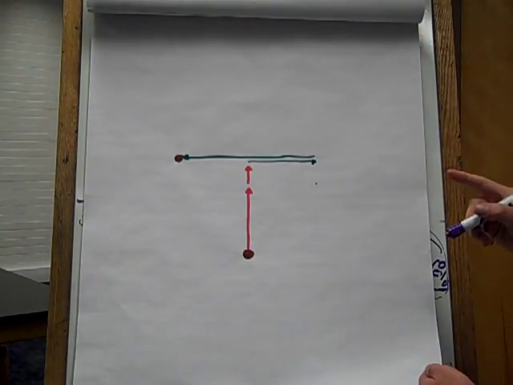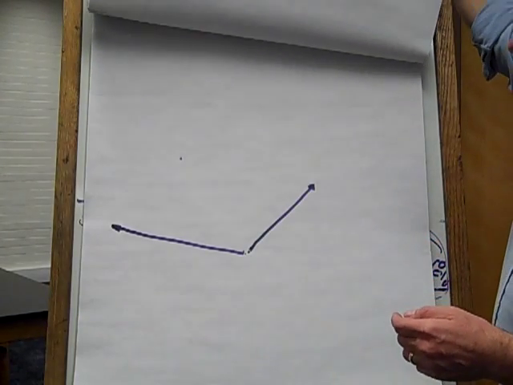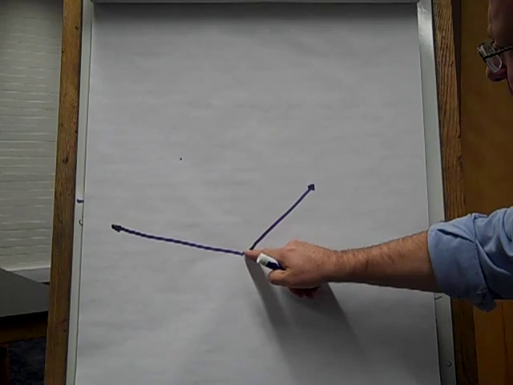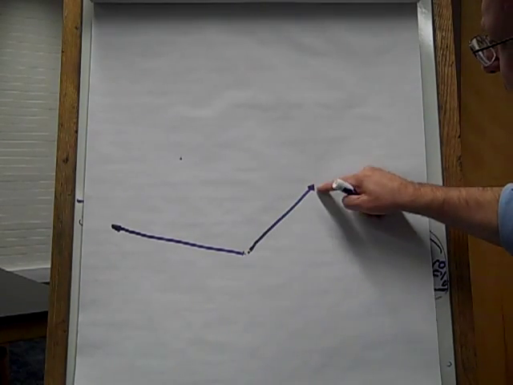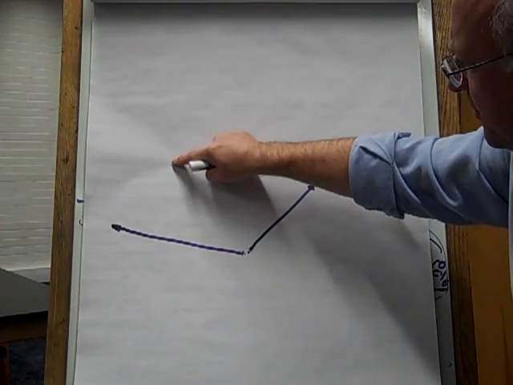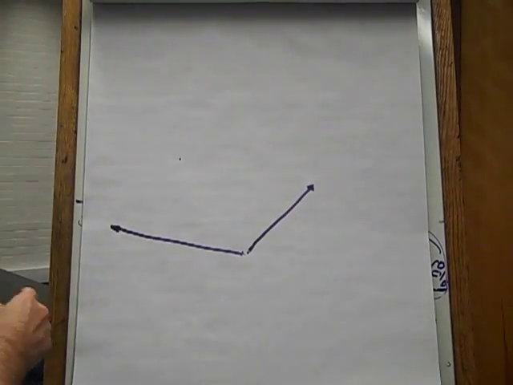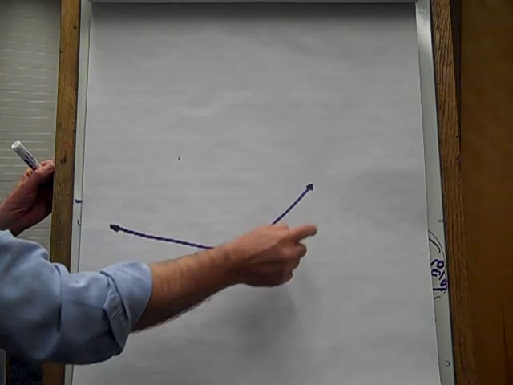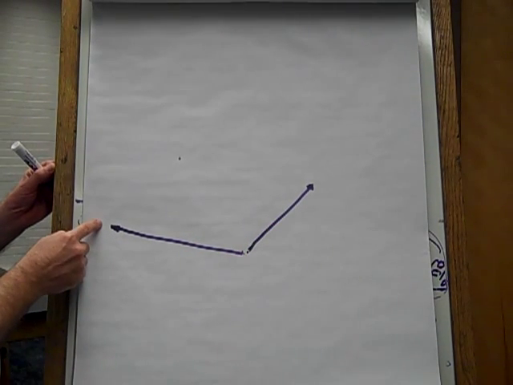The tricky part is, in the force table, we don't add tail to tip. Instead, in the force table, we start at the center, have one force pulling in this direction, another force pulling in this direction.